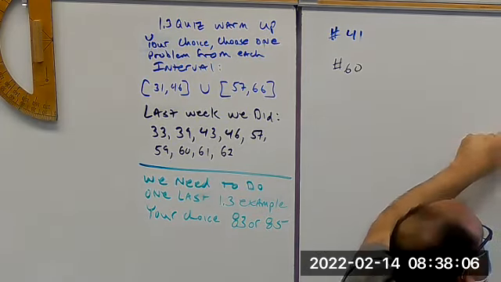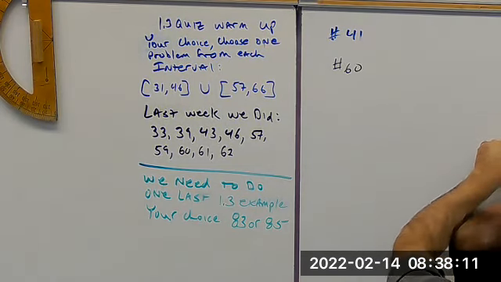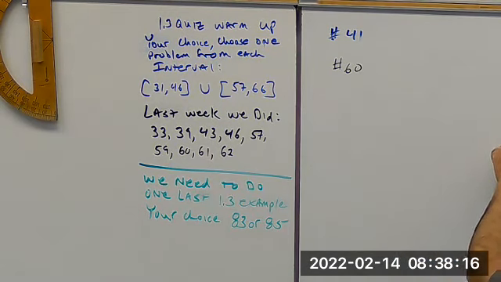41, we want A. What is f of -1? B is f of 0. C is f of 2. I'm going to give you a D just to give you something to think about.